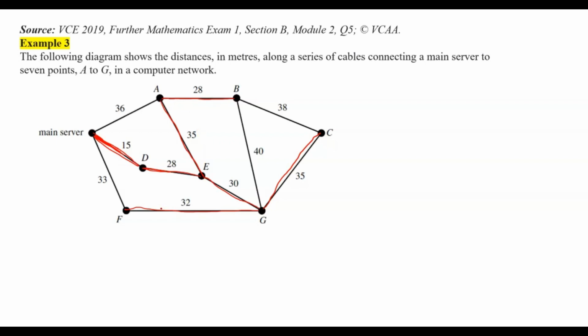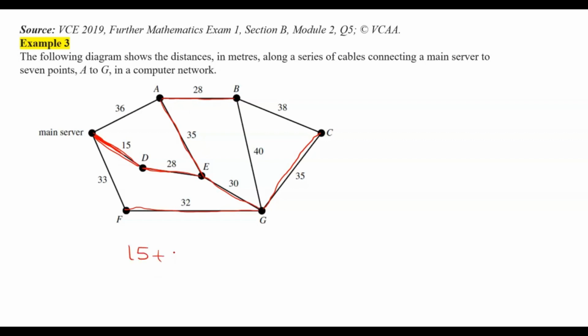All right, now let us add all the numbers and find out the minimum length that's required for this network. By the way, that's where we use this, in networking, connecting computers.